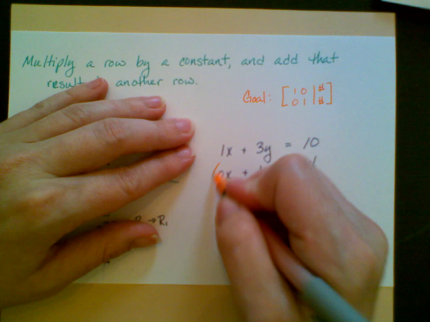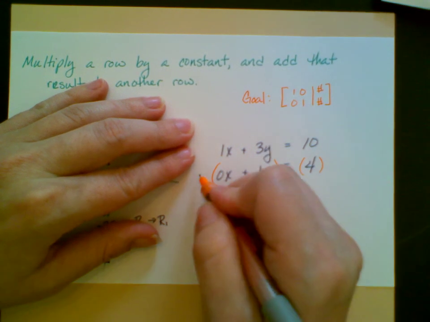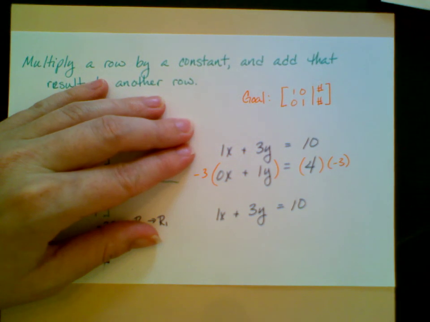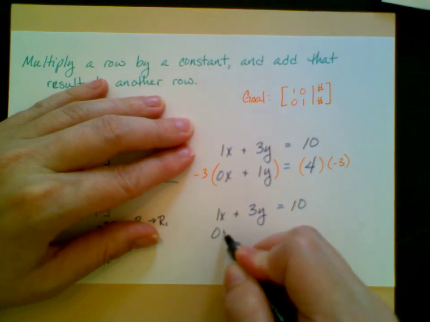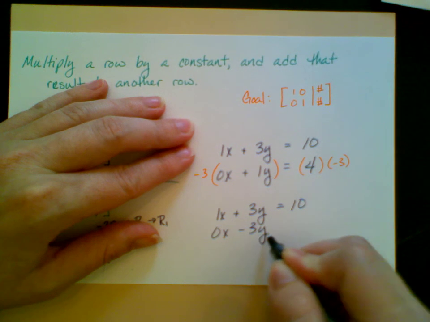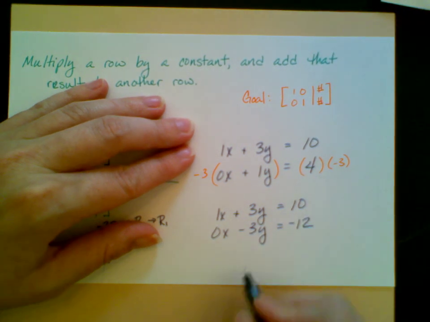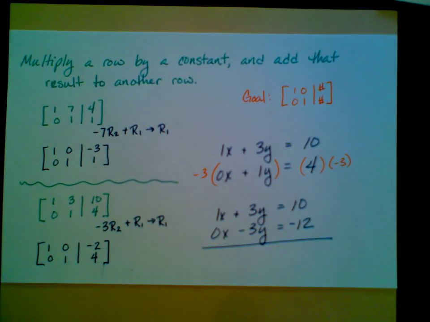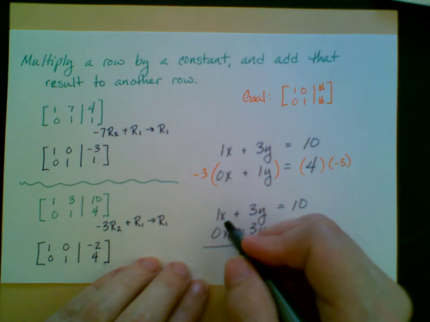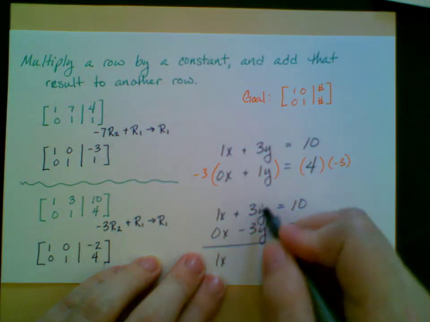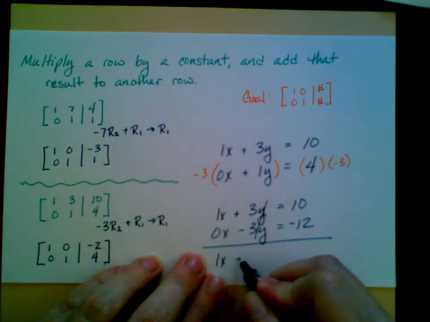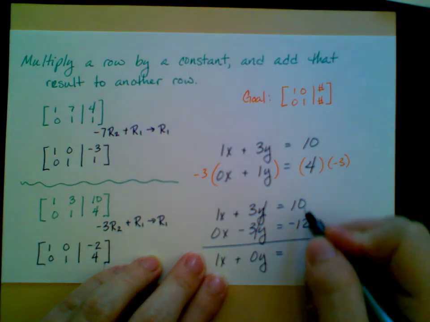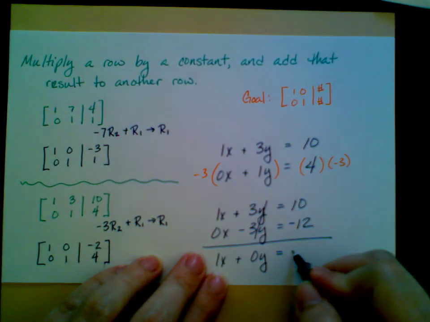So if I multiply both sides of this equation by negative 3, then I would have 0x minus 3y equals negative 12. And when I do my elimination now, I would have 1x. That cancels out. For emphasis, I'm going to write a 0y. And 10 minus 12 is negative 2.